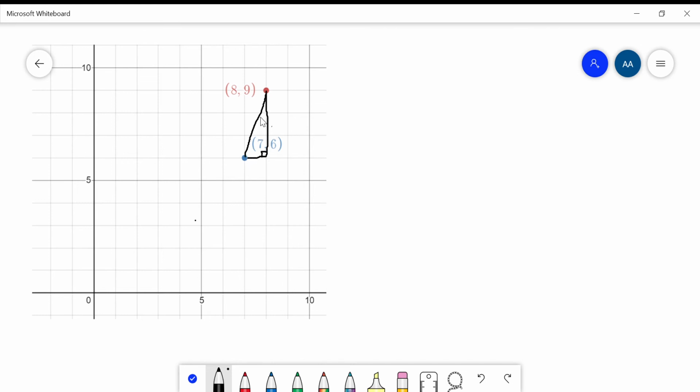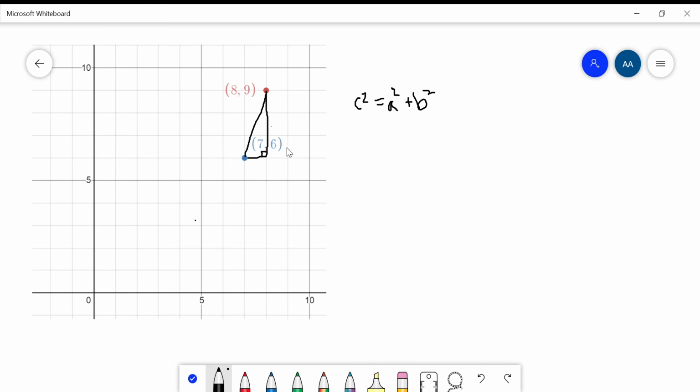And the distance between the 2 points in question is actually the hypotenuse of this right triangle. So how do we find it? We know with the Pythagorean theorem, you have to have both of the side lengths, and you can solve for the other side of the triangle.